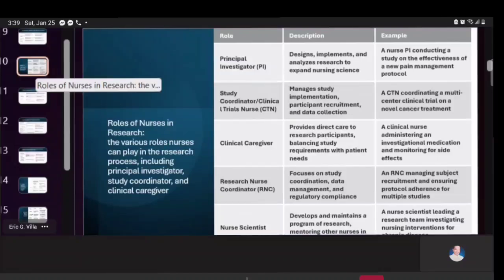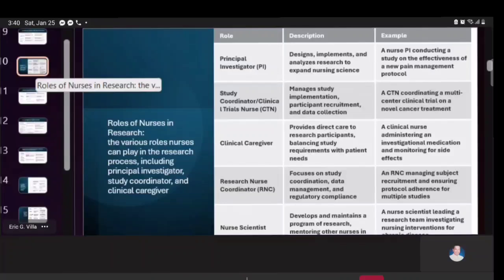For instance, a clinical nurse might be responsible for administering an experimental drug to participants in a clinical trial, while also providing routine nursing care and monitoring for potential side effects.